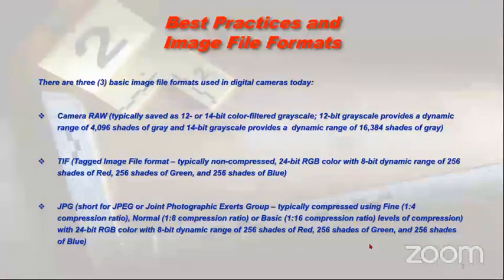So for example, when we get into our fine compression, which is our high quality, that's a 1:4 compression ratio. If we get into our normal or our medium level compression, that is going to be at a 1:8 compression ratio. Or if you get into your lower level compression, that's 1:16.